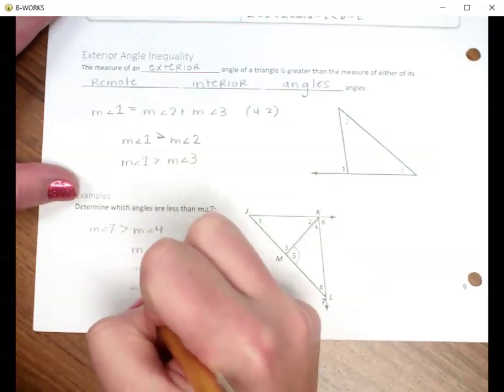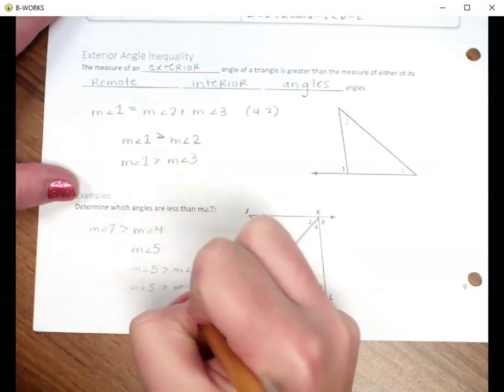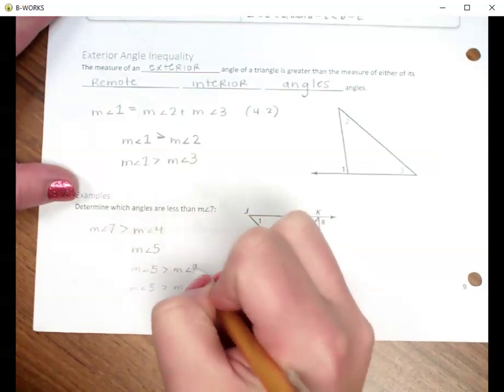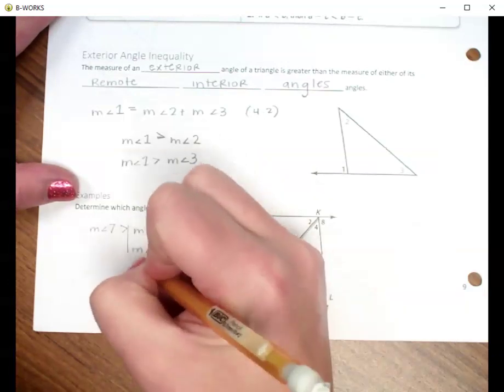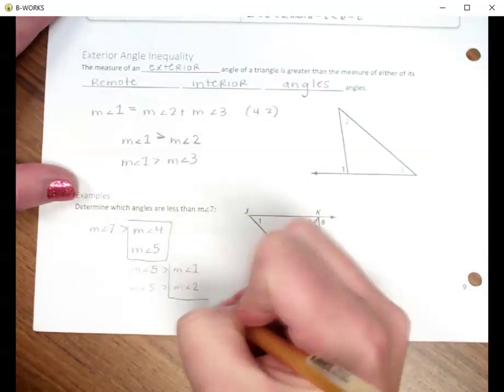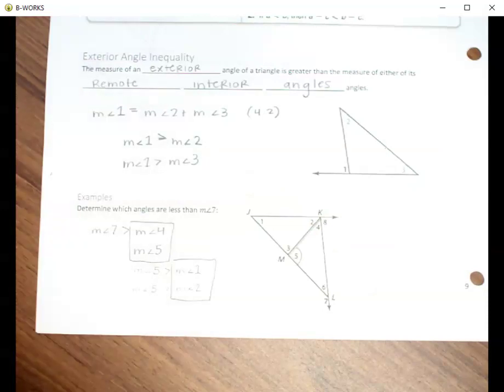And then since 5 is also greater than the measure of angle 2, 7 is also going to be greater than 2. So 4 and 5 and 1 and 2 are all the angles that are going to be smaller than angle 7.